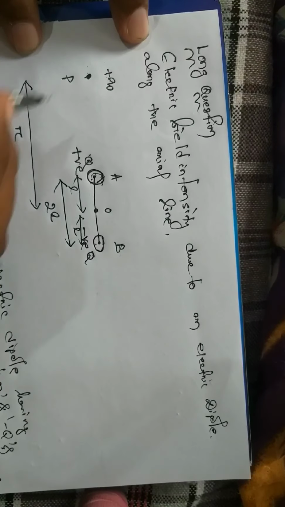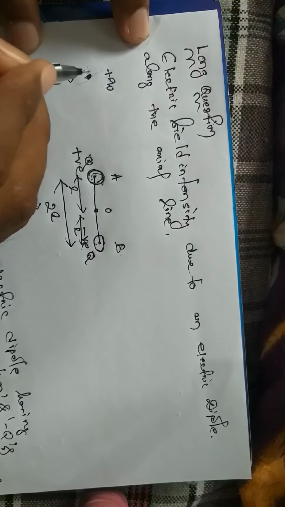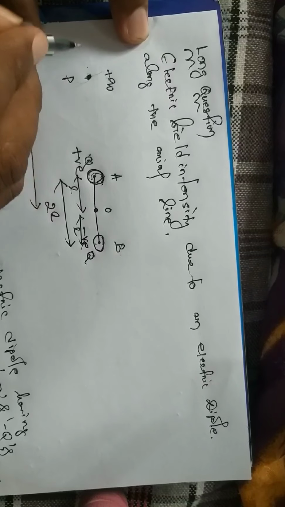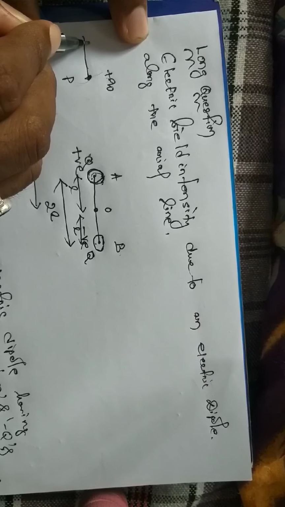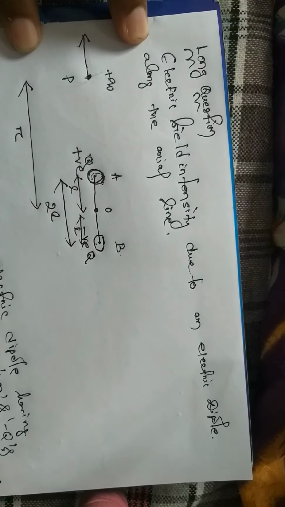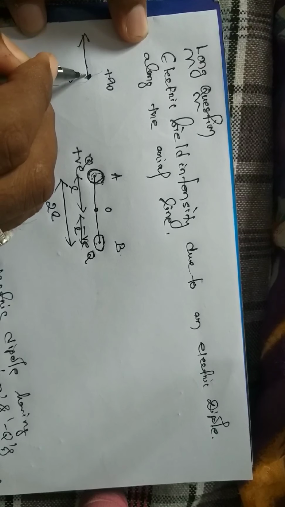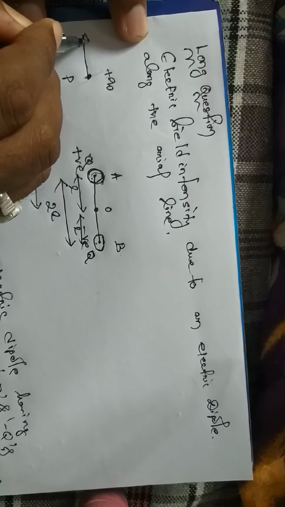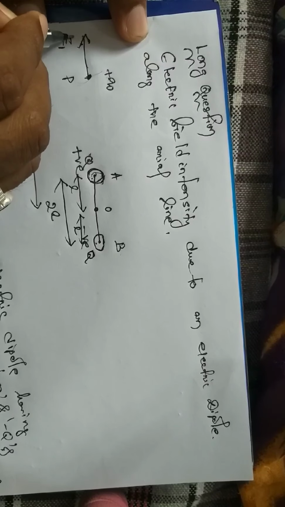Due to the source charge, the test charge experiences a force of repulsion. That's why the force is directed away from the source charge, and the electric field intensity also points away from it. That is E1 vector.